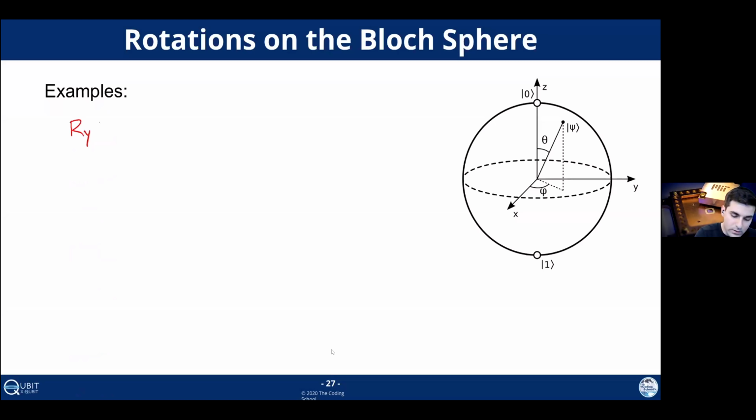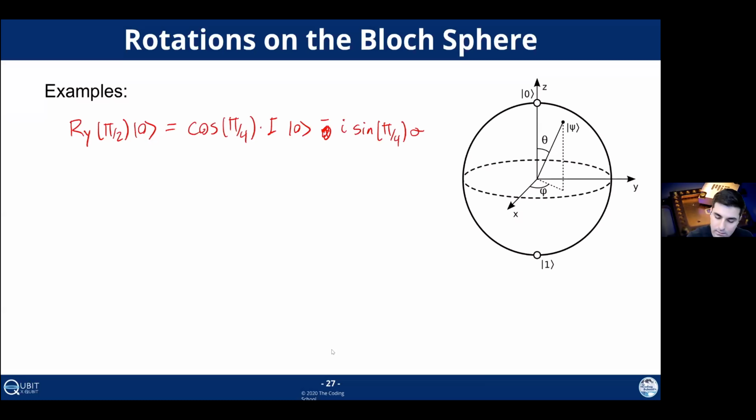Okay, well, the example got erased somehow. So let's just quickly do this again. That's cosine of pi divided by 4 times the identity acting on 0, minus in this case, i sine of pi divided by 4 sigma y acting on the 0 state.